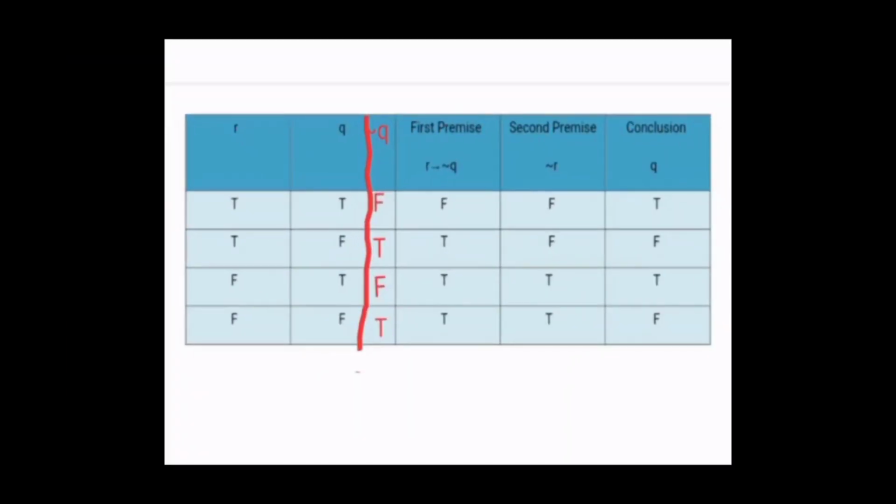We should consider only two cases, the R and the Q. There are four cases here because there are only two statements in my argument. For the first premise, we have R, then not Q. R implies not Q. Look at the R and not Q. If true and false, it means false.